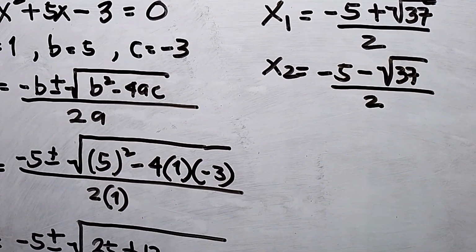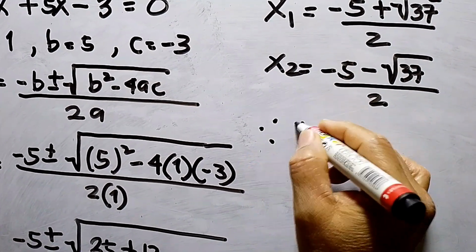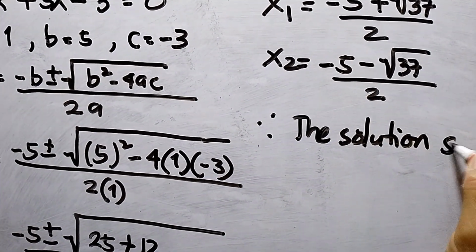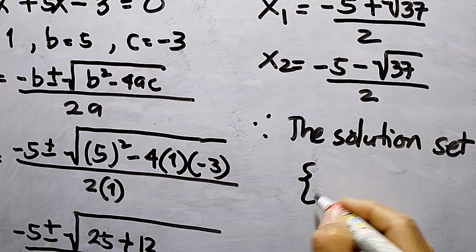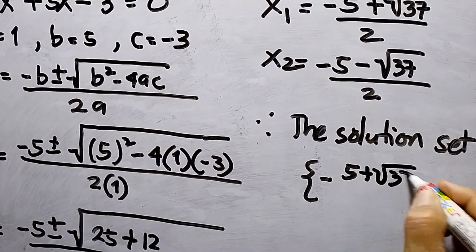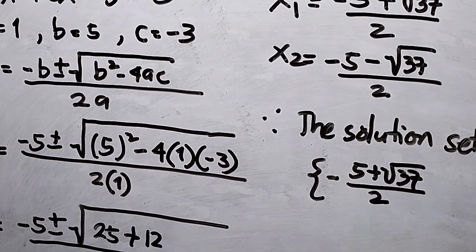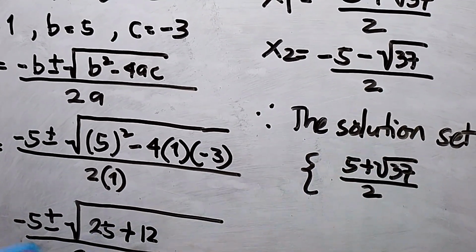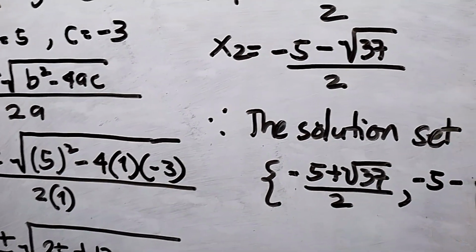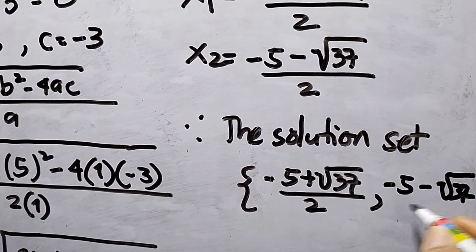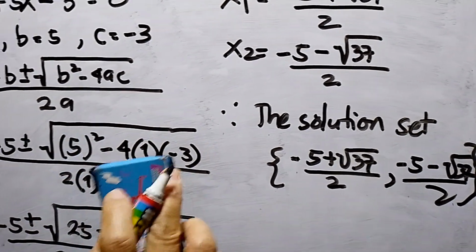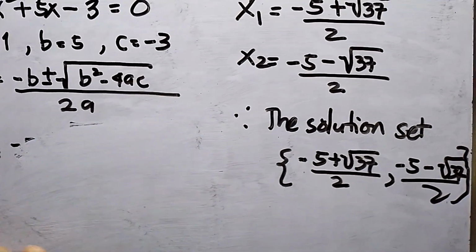So therefore, the solution set for number 2 is negative 5 plus square root of 37 over 2. Sorry, this will be negative 5. And then negative 5 minus square root of 37 over 2. So close brace. Now I will check this one if this is correct for my solution set.